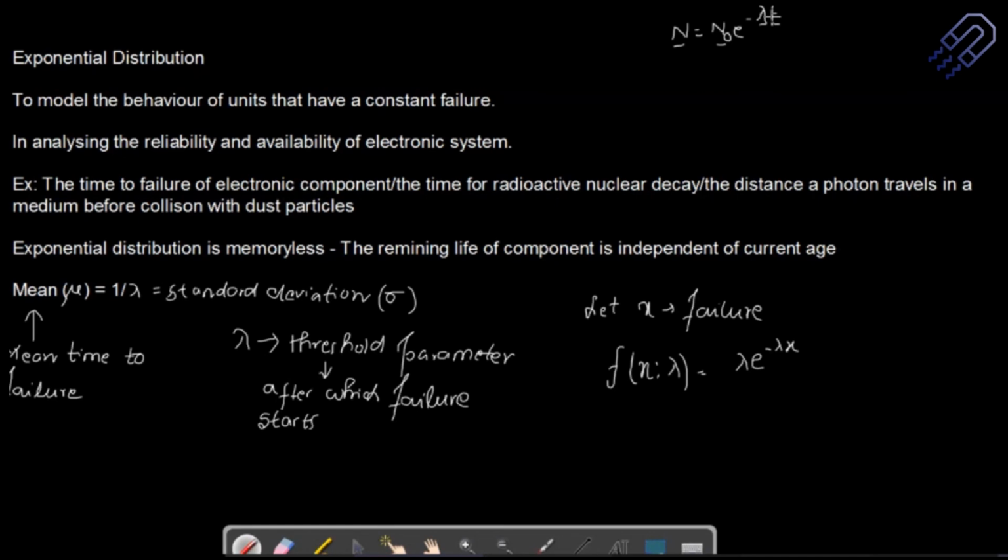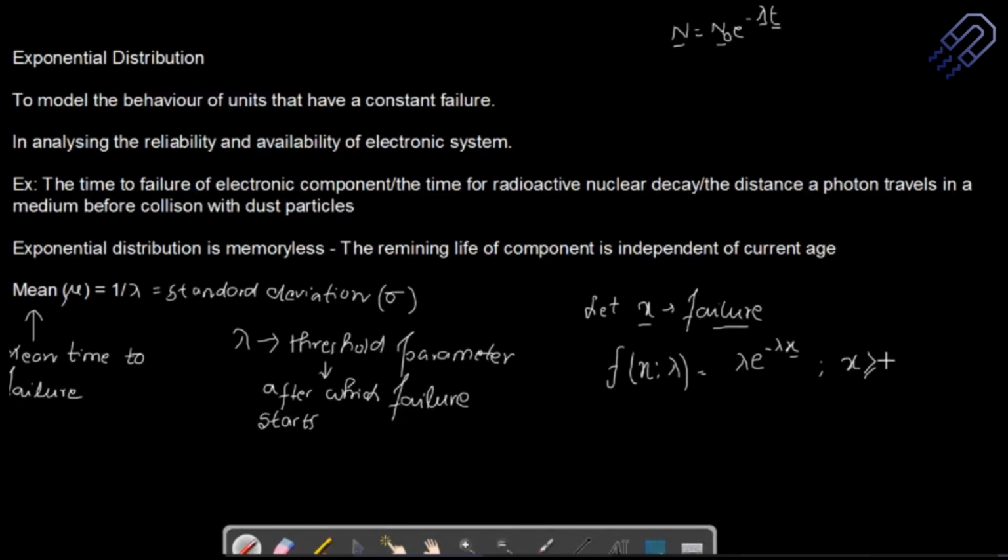So these kind of distributions come under what we call the exponential distribution. You can see that this x is failure here and this x is here. In this particular case, this is the time t. So it depends on what kind of problem you are considering and what you consider as a failure, but this is a general statement here.